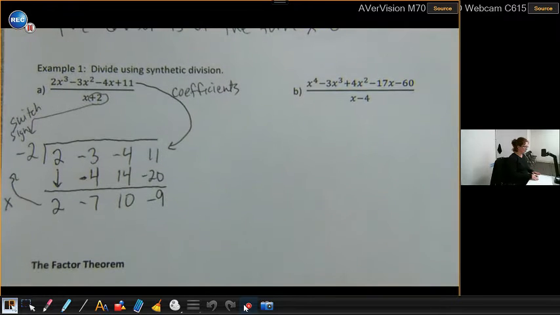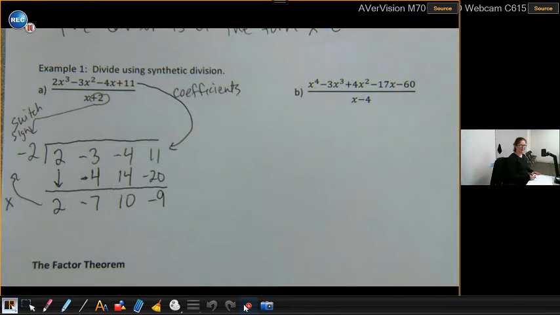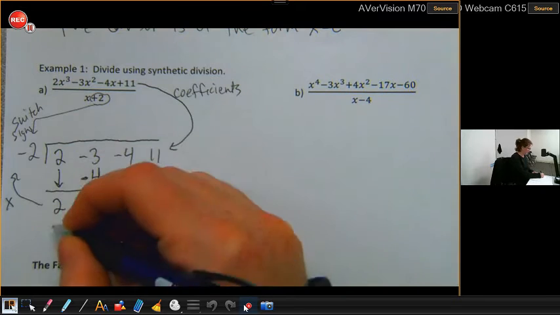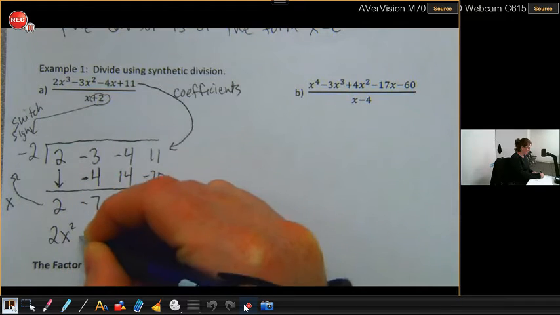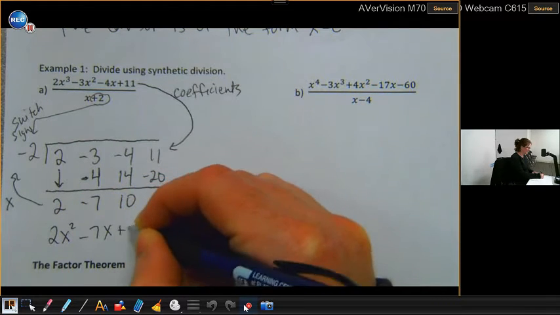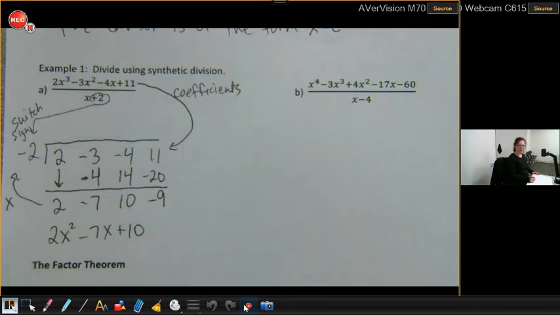To write the answer, I'm going to fill the variables back in, starting 1 power less than the original problem. So the original problem has x to the third. When I fill in my answer, I'm going to start with x to the second. 2x to the second minus 7x plus 10. And now I've run out of terms to fill in.